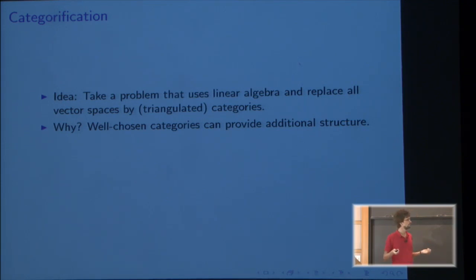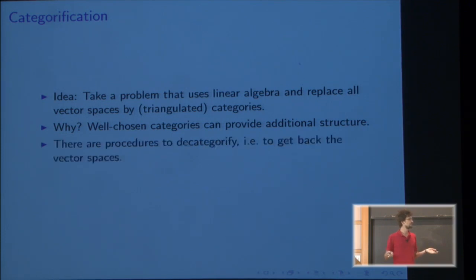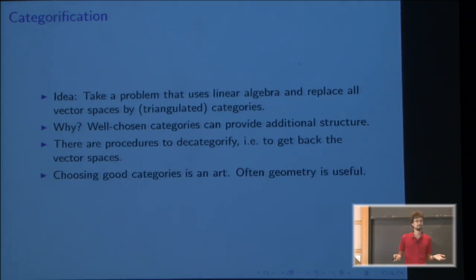And then once you do something on the categorical level, there are procedures to decategorify, to go back to vector spaces, taking K-theory and things like that. There's one caveat in this, that it's hard to choose the right category. So this, of course, only works if you choose a category that's well suited to your problem. That's more of an art than a science at the moment.